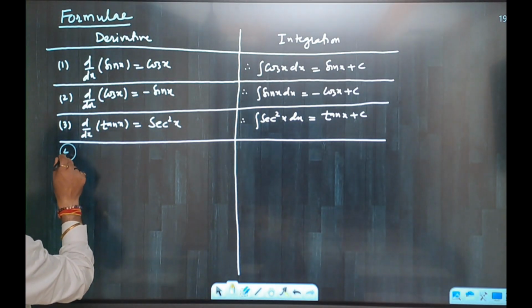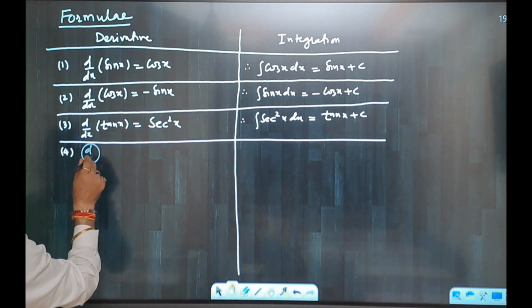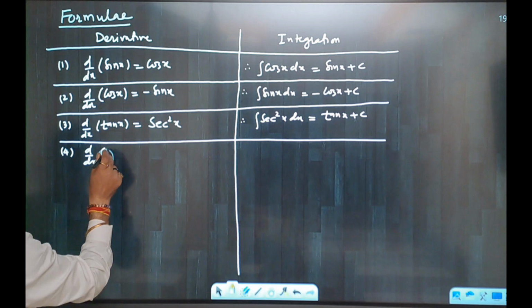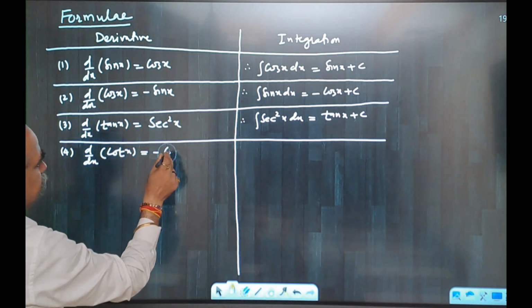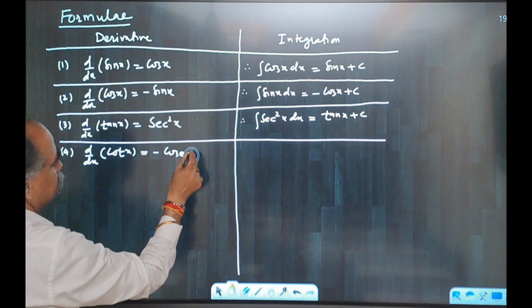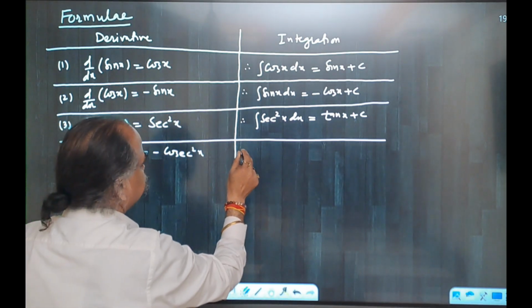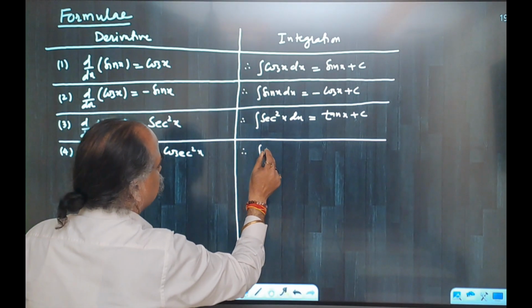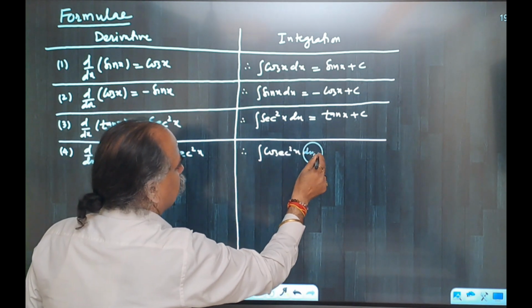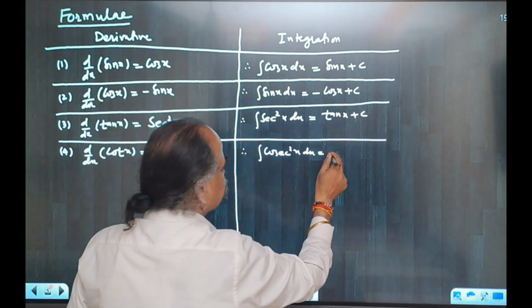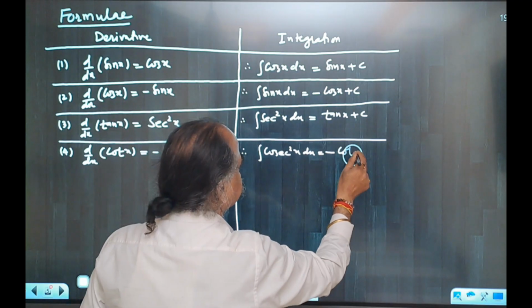Derivative of cot x is minus cosec square x. Therefore, integral of cosec square x dx is minus cot x plus c.